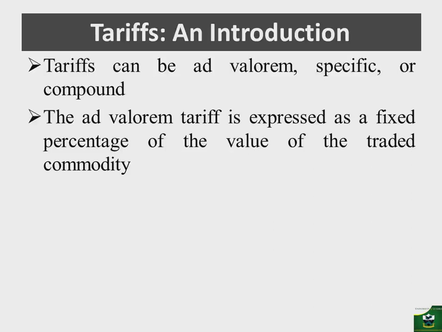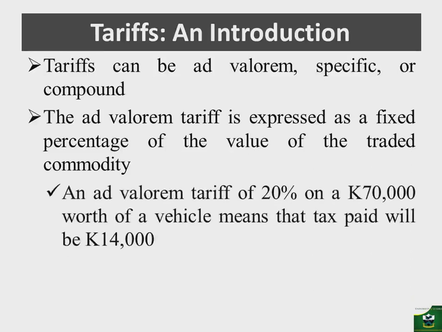Let's take some examples. So an ad valorem tariff of 20% on a 70,000 kwacha vehicle means that the tariff paid will be 14,000 kwacha. So how this is done is that we have a 20%, so you have your 20 divided by 100 and then multiplied by the price of a vehicle, which is 70,000.